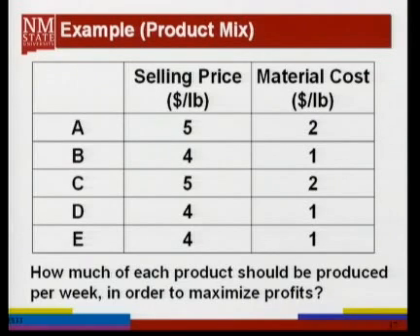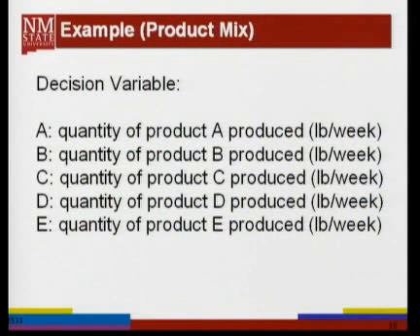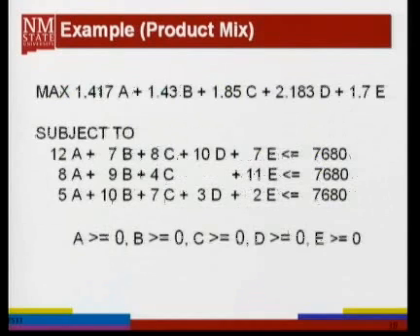We've defined 5 decision variables, one for each product, A, B, C, D, and E. For example, A stands for the quantity of product A to be produced, and the unit is pounds per week. Using these decision variables, we've constructed an LP model like this.